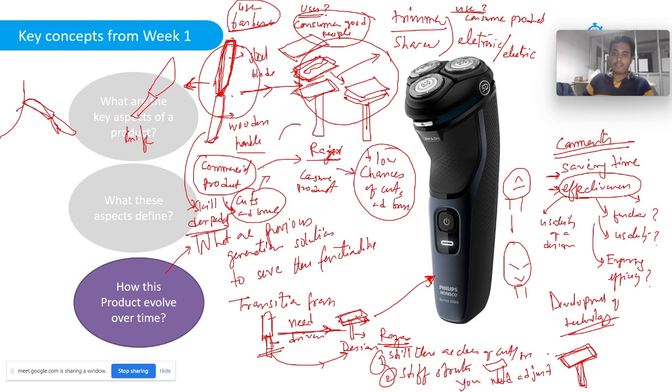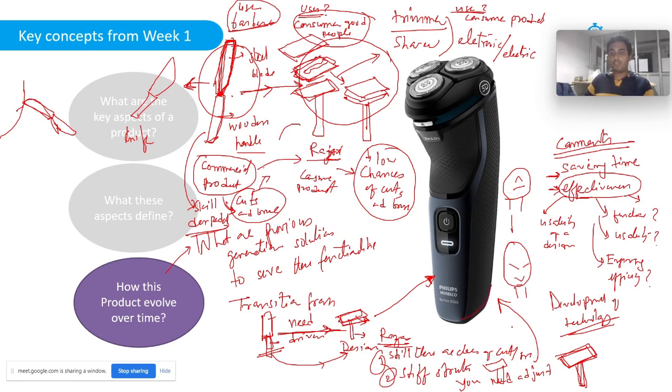So you have those issues, and because of technological development, people thought we can use something electric or electronic, some sort of electrical cutting mechanism. Maybe it is an inspiration from some of those grass cutters, and people arrived at this.